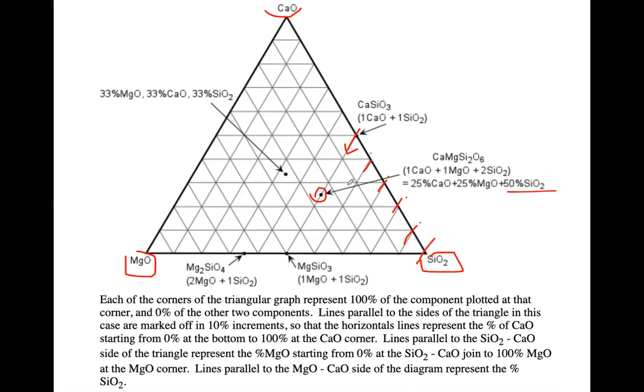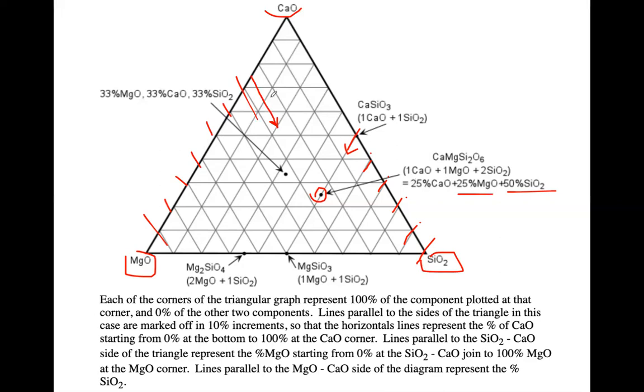So what about the magnesium? Magnesium here is 90, 80, 70, 60, 50, 40, 30, and 25. Right here, it's 25. So magnesium is 25.